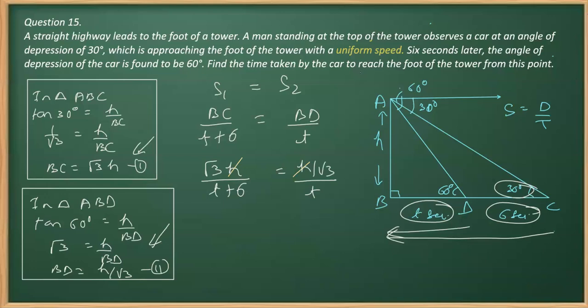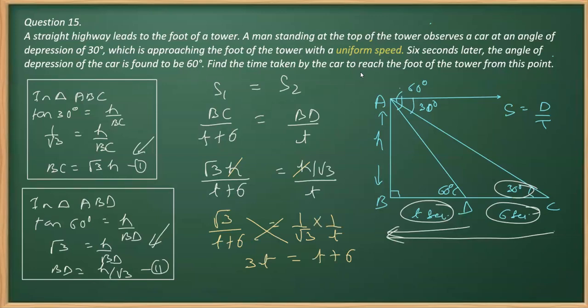So I'm rewriting this properly: root 3 over T plus 6 is equal to 1 over root 3 times 1 over T. Now with cross multiplication, root 3 into root 3 will give you 3 times T, and this is T plus 6.